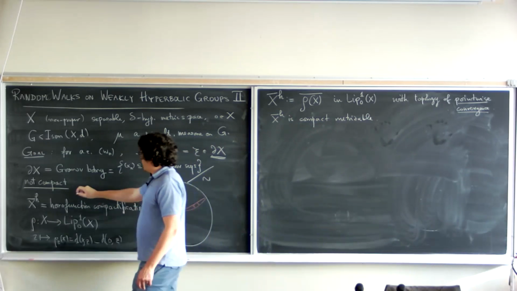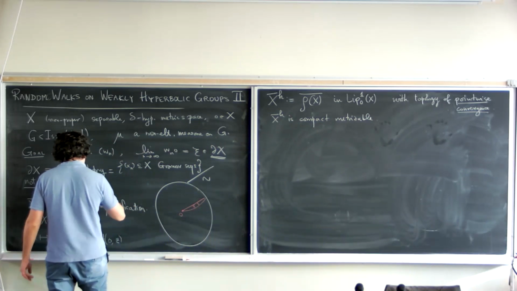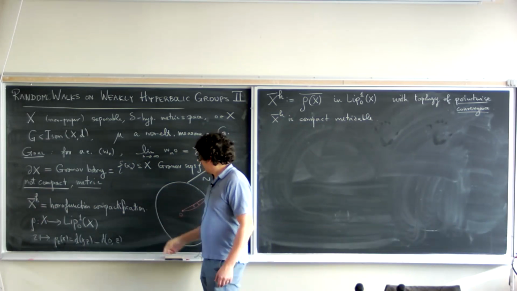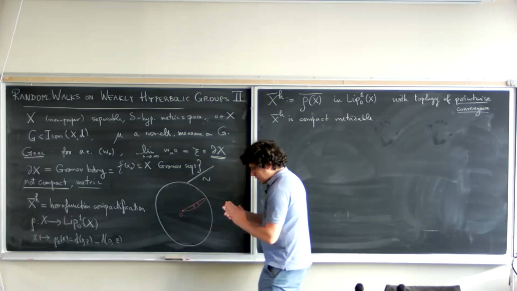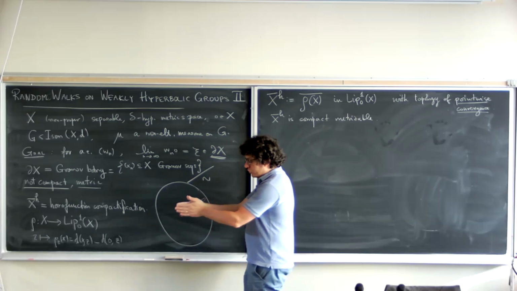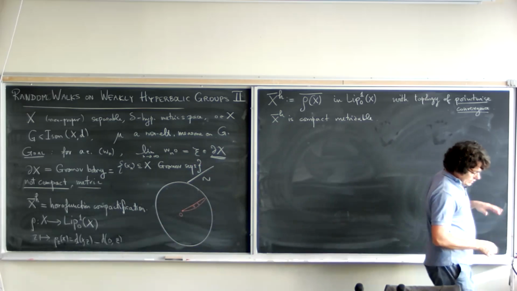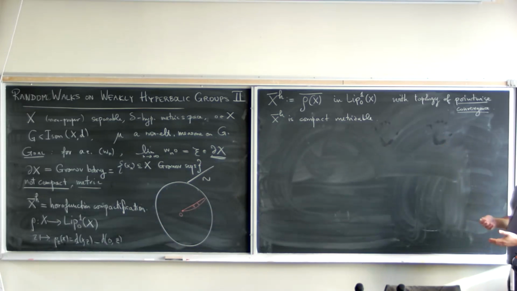The Gromov boundary is still metrizable, in the sense that we have a metric, the metric of fellow traveling: two rays are close to each other if they fellow travel for a very long time. We don't care what the metric is, but we care that it's compact.